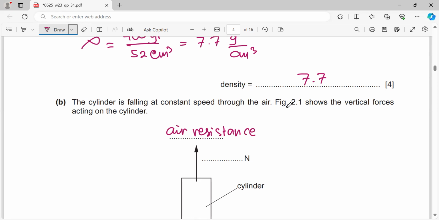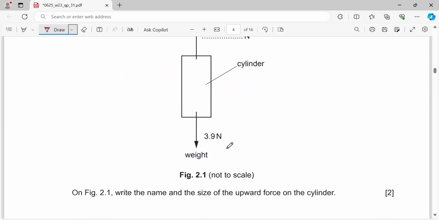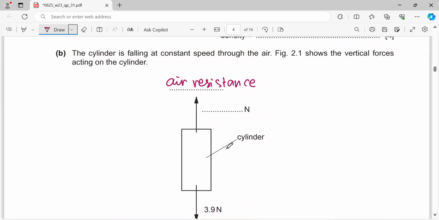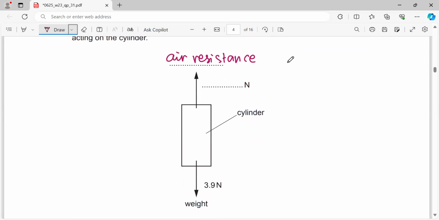It means this cylinder has friction with air. So write the name and the size of the upward force. Okay, the upward force is air resistance or drag.